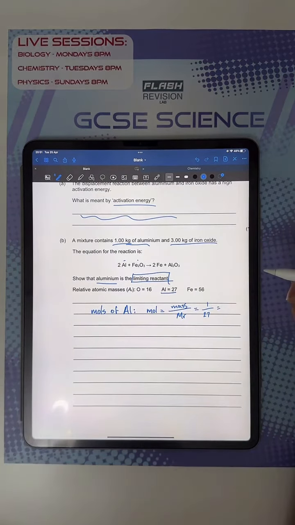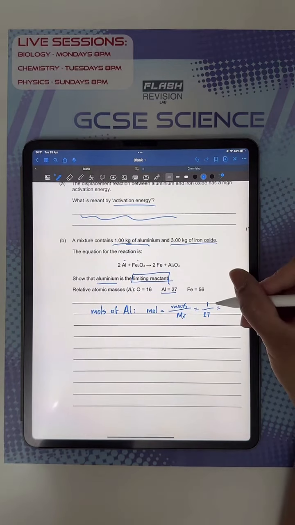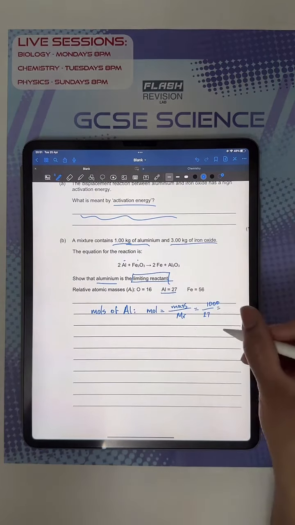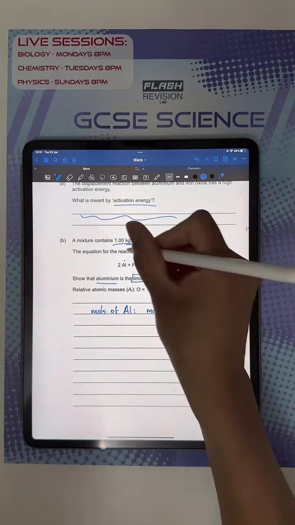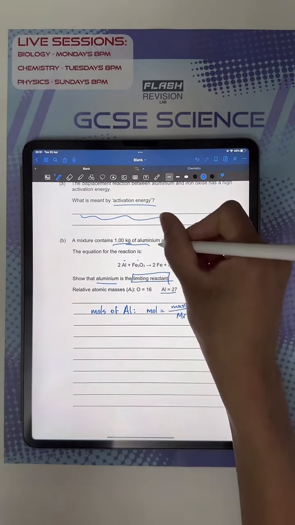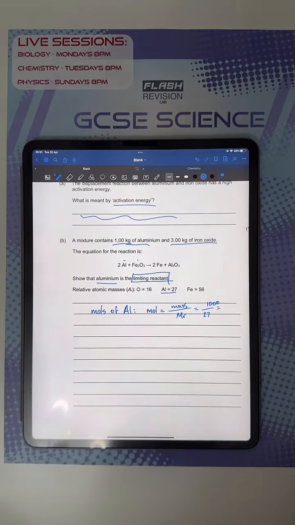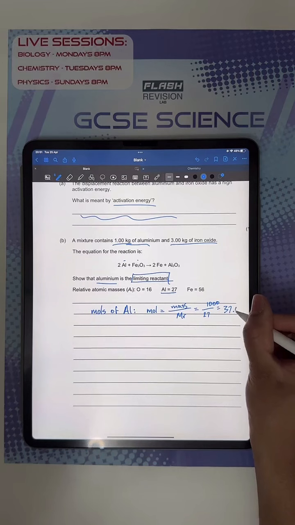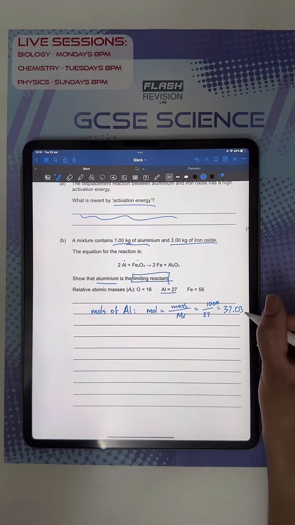You don't have to, because you're going to do the same thing twice, but because it's 1 kilogram, technically you should be doing 1,000 grams over 27, though you'd still get the same answer if you did 1 kilogram for both. But okay, let's do 1,000 divided by 27. So that gives us 37. Yep, 37.03. Okay, so that is the moles of aluminium.